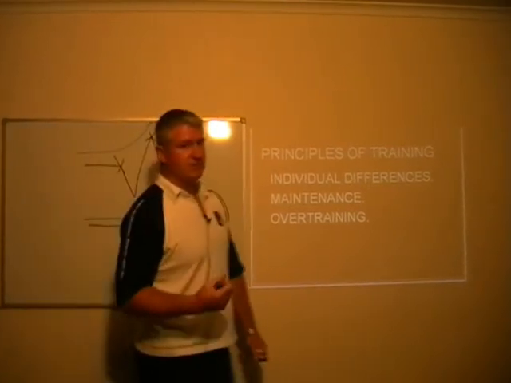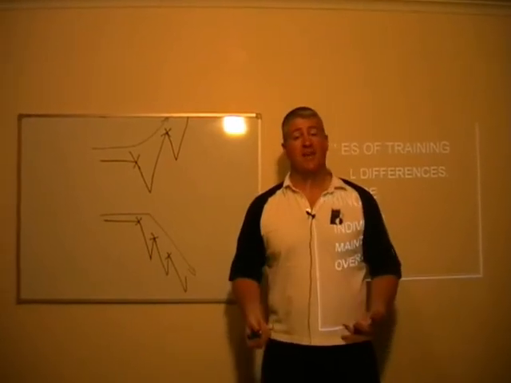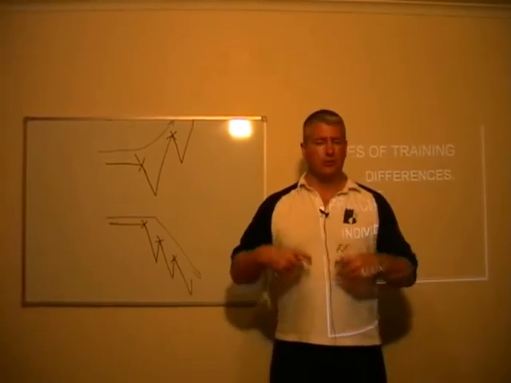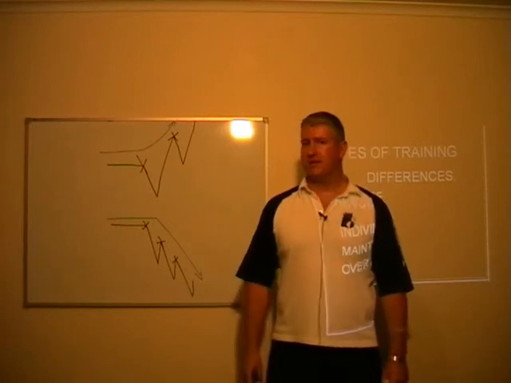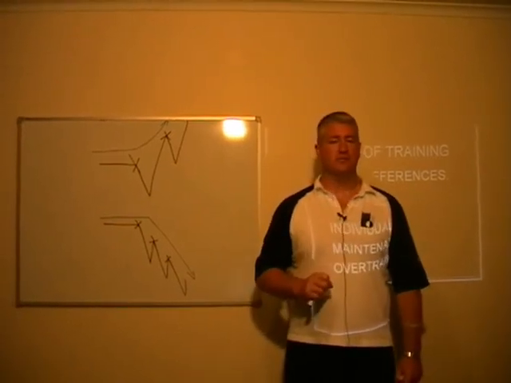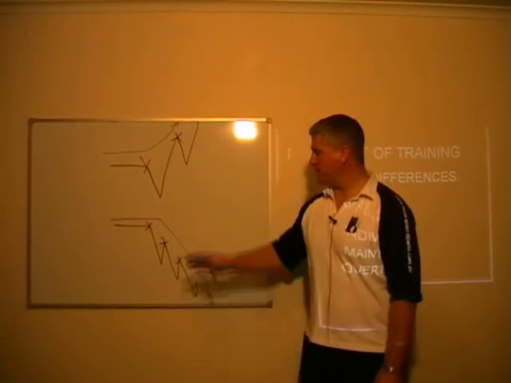Now, some of the signs and symptoms of overtraining include irritability, feeling tired, complaining of heavy legs, increased heart rate in the morning, poor sleep habits, so losing sleep, loss of appetite. If any of your clients present with any of those signs or symptoms, they may be in the early stages of overtraining.